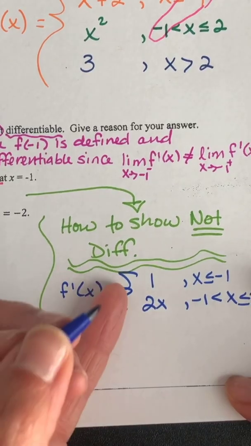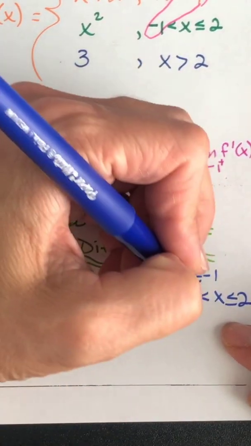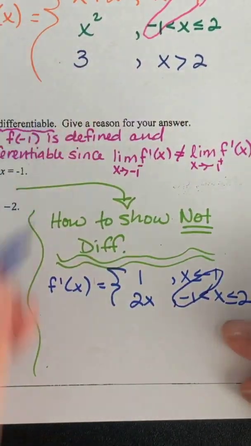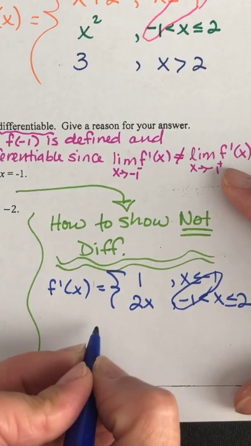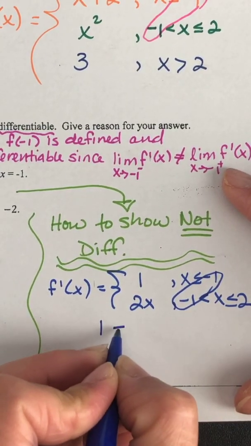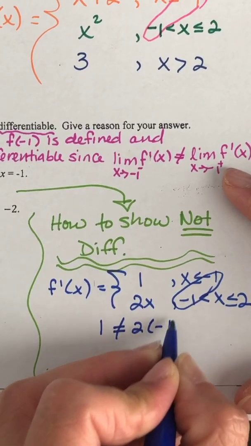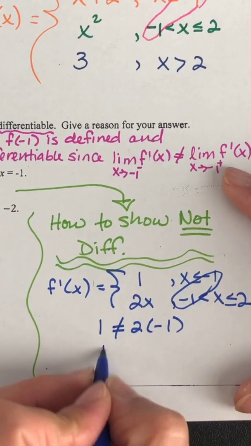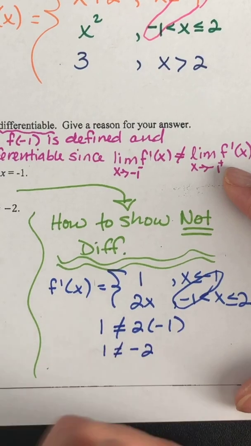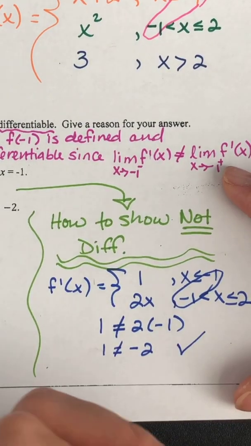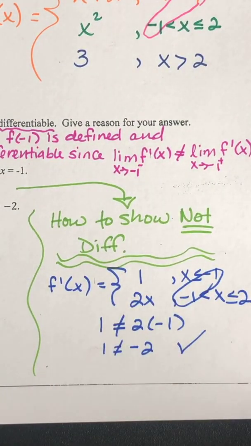Then we set these equal and plug in the -1 for x. This one's a 1, so there's nothing to plug in. So 1 should not equal 2 times -1, and it doesn't. 1 does not equal -2. So check. That would be how to show it's not differentiable.